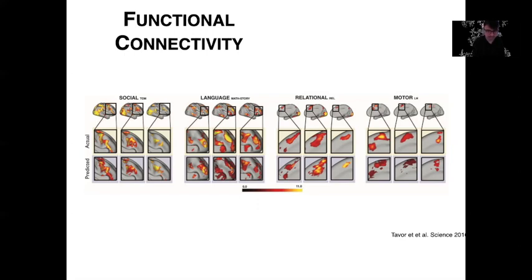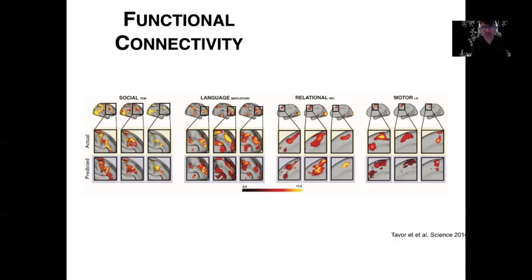Now, if you apply that to the context of our patients, if you use all those clusters that were significantly disconnected and leading to a decrease of performance in category fluency, and run functional connectivity, you have a lot of functional connectivity maps.